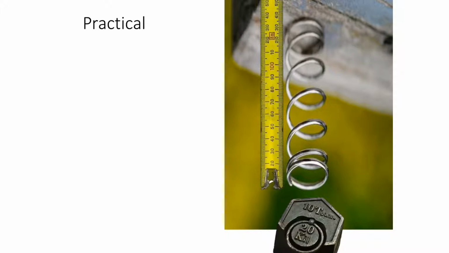So we have a new length that we need to measure, and we'd do that in the same way. We'd look carefully at the bottom of the spring and the top of the spring and measure it using a ruler. So it's about 132 millimetres or 13.2 centimetres.